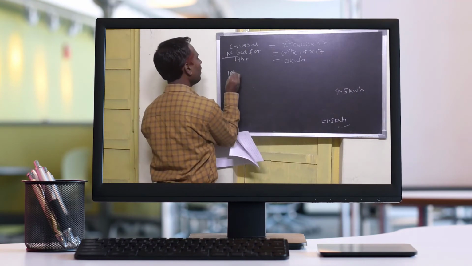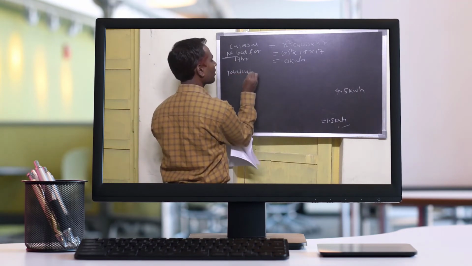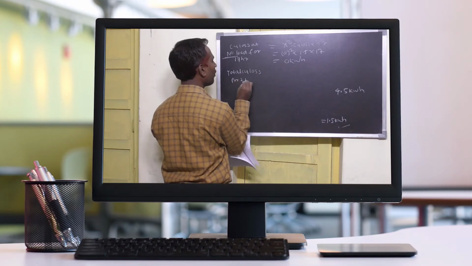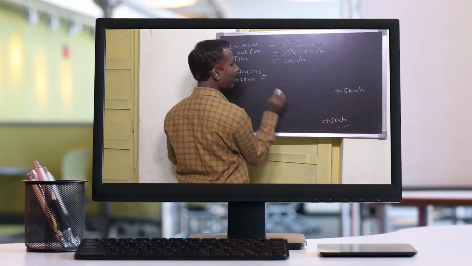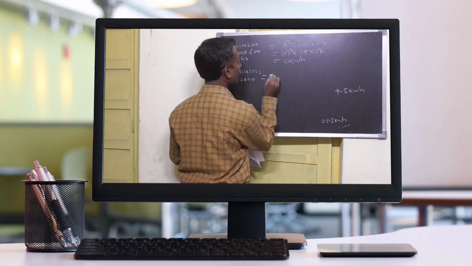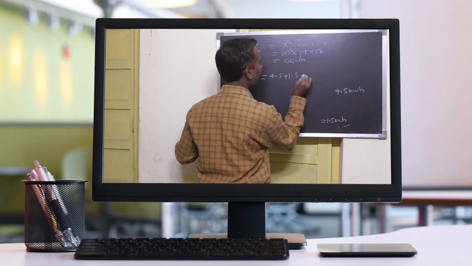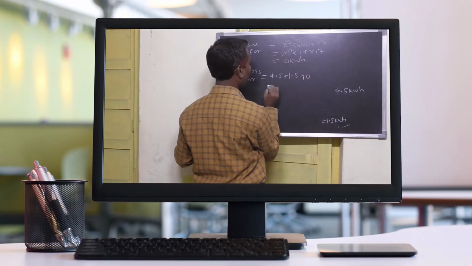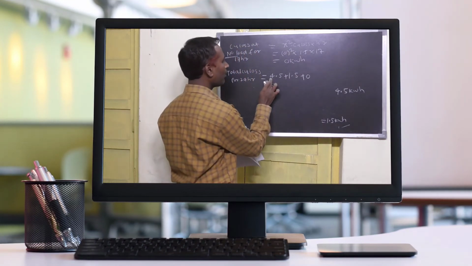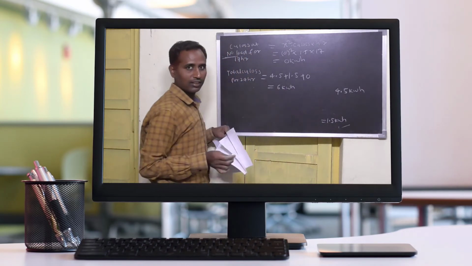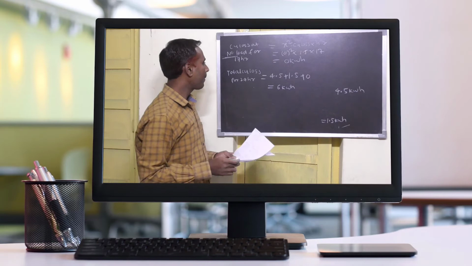Now total copper loss for 24 hour. First 4.5, second 1.5 plus 0. How much will I get? 6 kilowatt hour. Okay friends, this is clear.